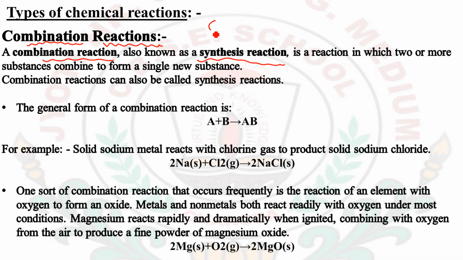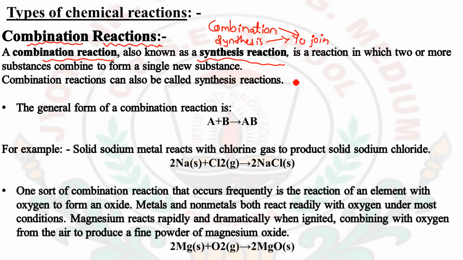By the word combination you have got an idea that in this reaction two or more substances are combined. In other words, this same reaction can be called synthesis. Synthesis means to join, and combination also means to join.